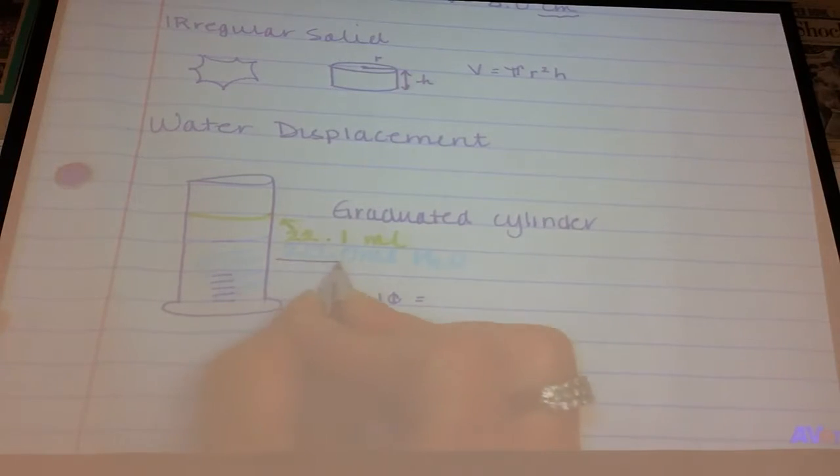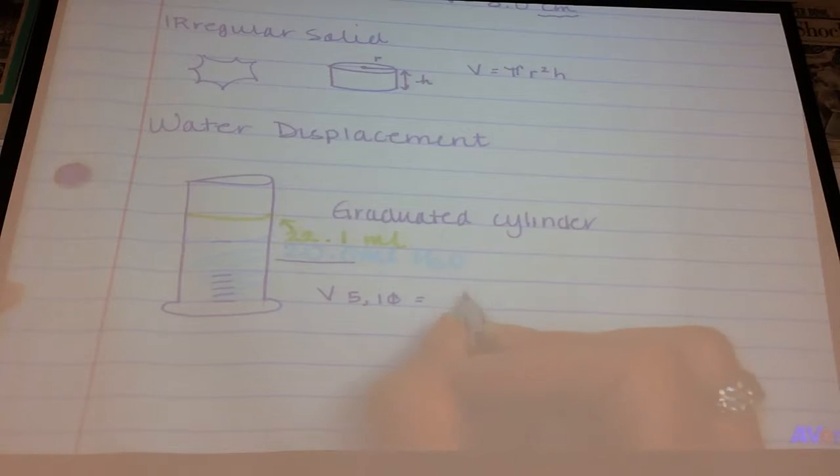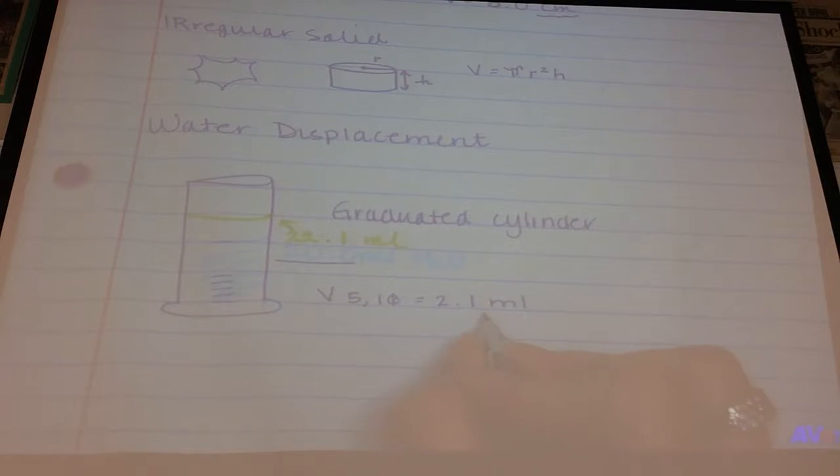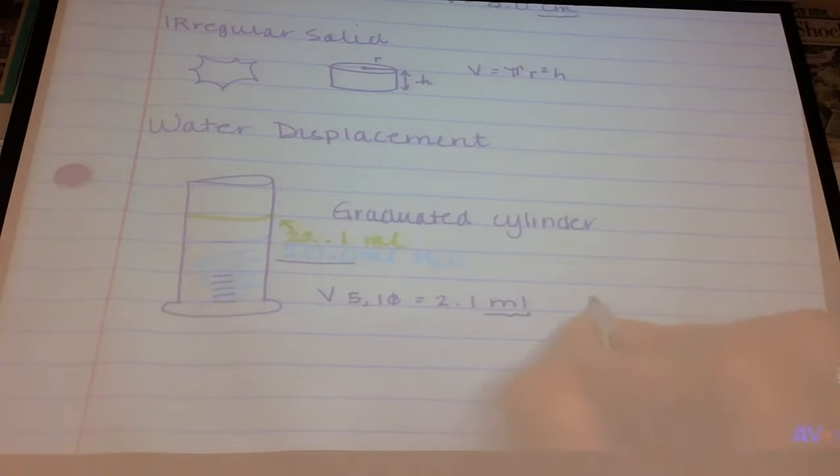You would just subtract the two quantities and you have 2.1 mils. And that would be the volume of the 5 pennies. So you can get the volume of an irregular solid by water displacement, and that's what you'll be doing in the lab next week. So here the unit for volume is mils, and 1 mil is equal to 1 cubic centimeter.